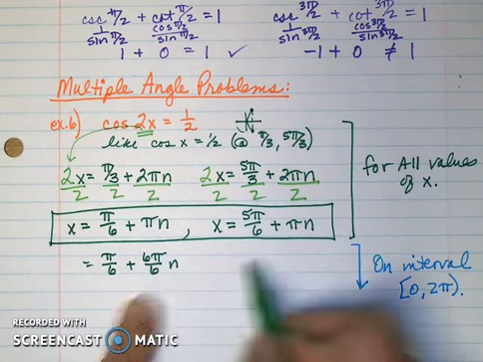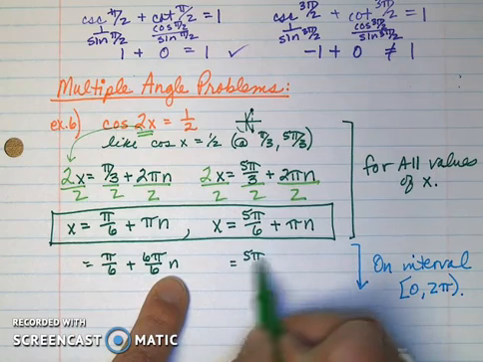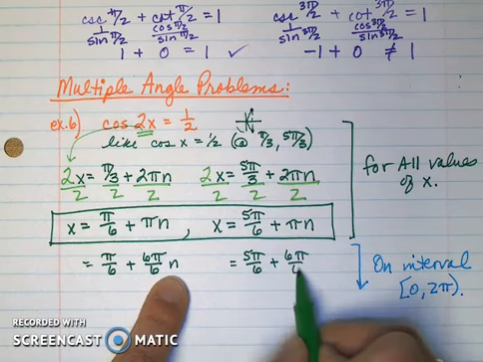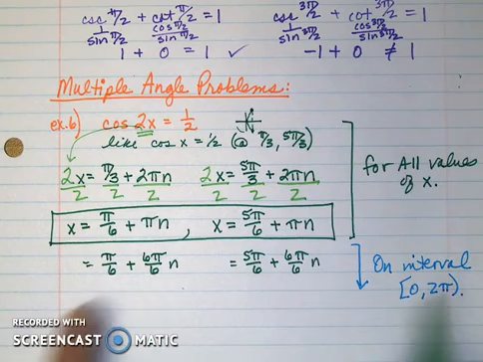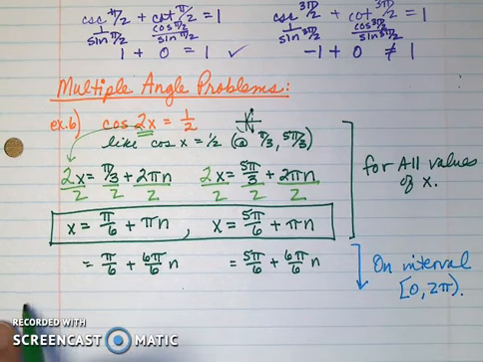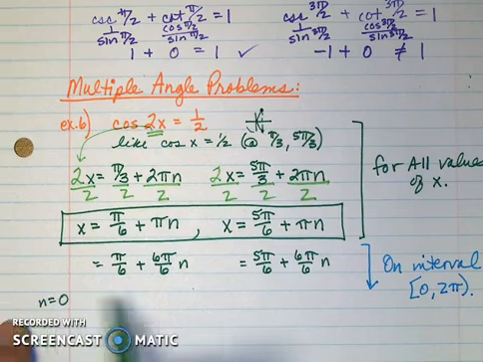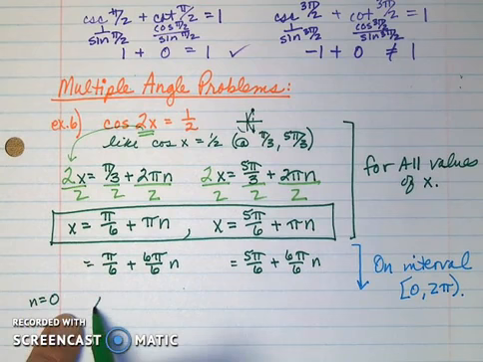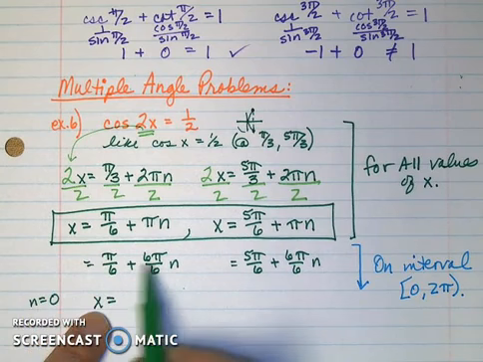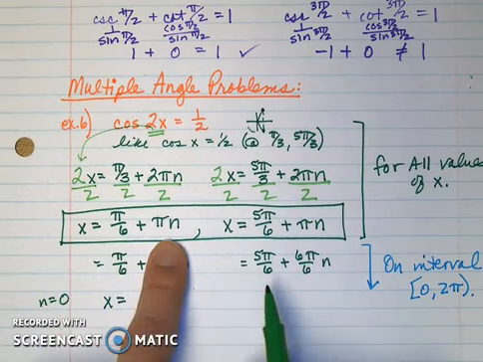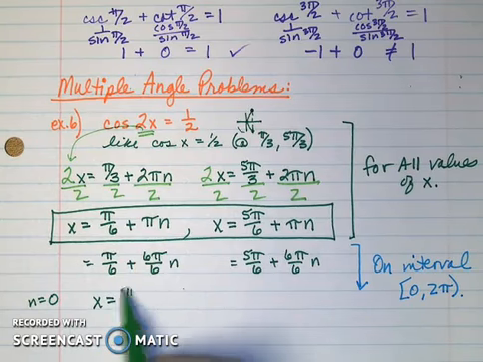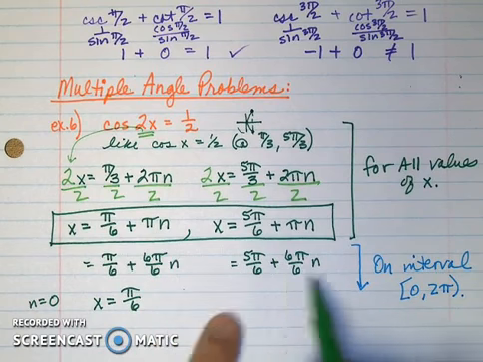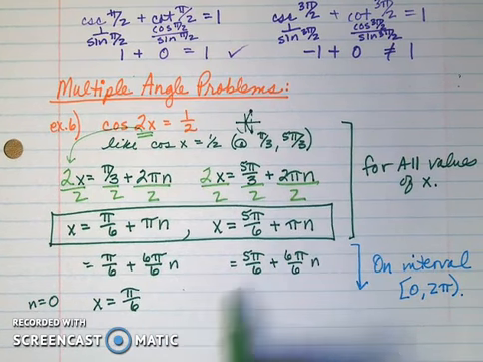Okay, this one would be 5 pi over 6, and I would have 6 pi over 6 n. So here, if we let n equal 0 first, we're going to see if that one works. So that gives me x equals, if n equals 0, that's gone, and I just have pi over 6. That makes sense. We know that that's one of our answers. If I let n be 0, I'm at 5 pi over 6.